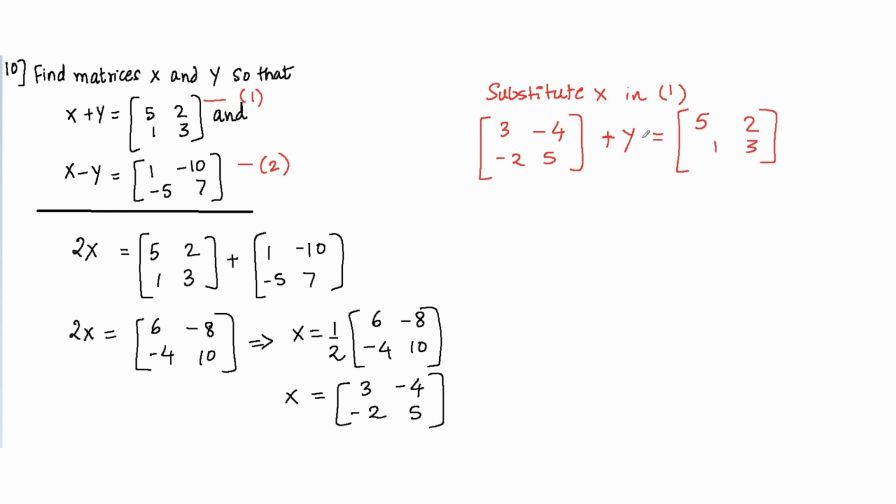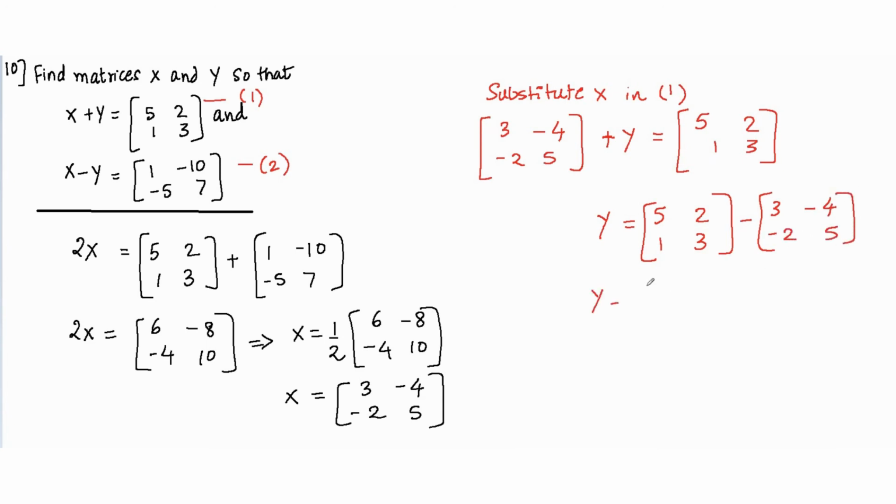Now what I'm going to do is shift this matrix to the other side for subtraction. So Y becomes equal to 5, 2, 1, 3 minus 3, negative 4, negative 2 and 5. Okay.